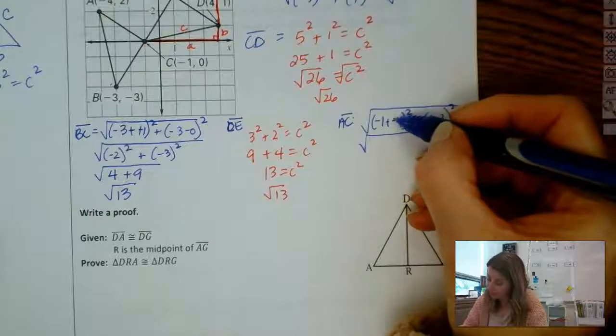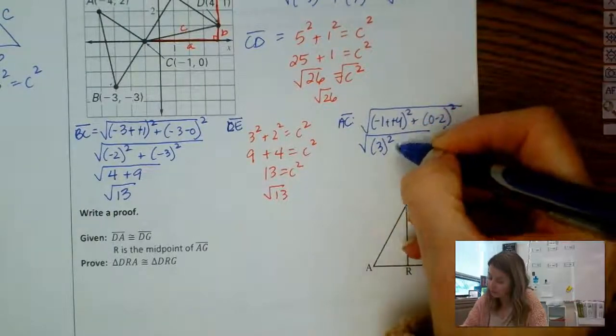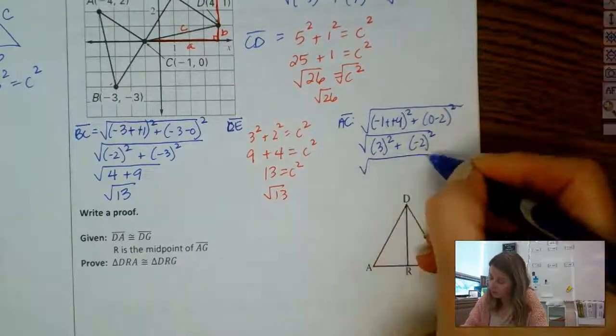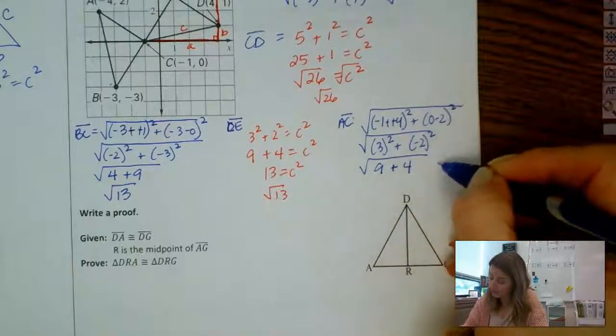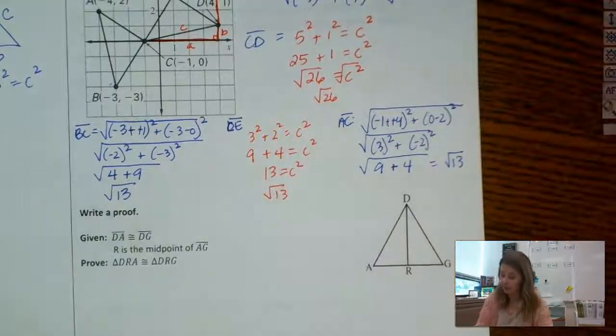So that's going to really be plus. So -1 plus 4 is 3. And -2. 9 plus -2 squared is 4. Looks like I'm getting square root of 13 again. Kind of a coincidence, I got the same thing here.